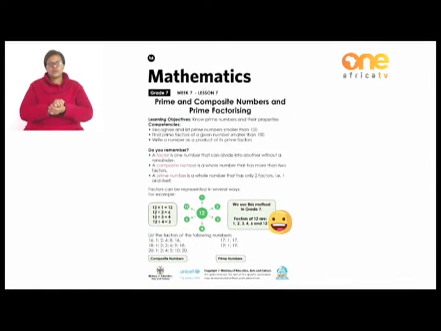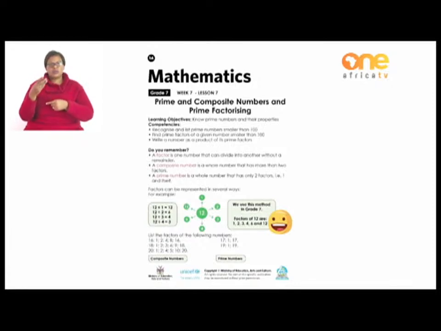What is outside, pointed by the arrows, are factors of 12. We have 1, 2, 3, 4, 6, and 12. In grade 7, we used these methods, whereby the factors of 12 are 1, 2, 3, 4, 6, and 12.